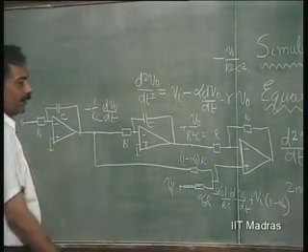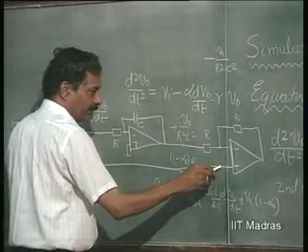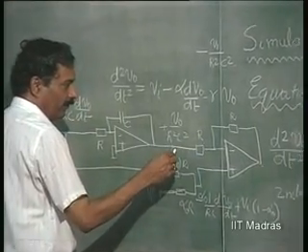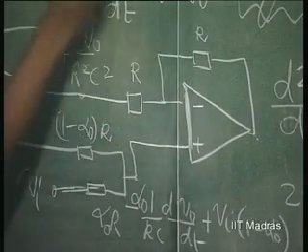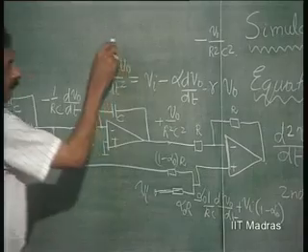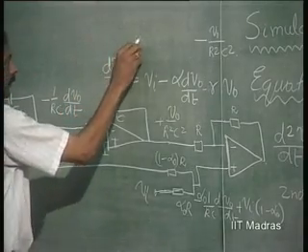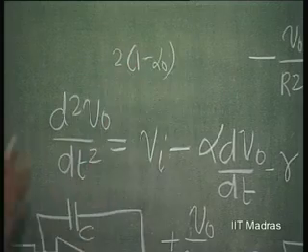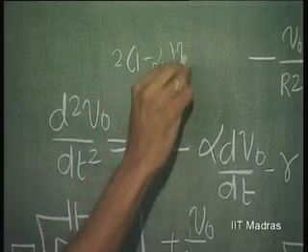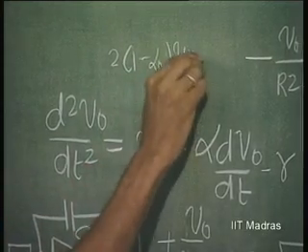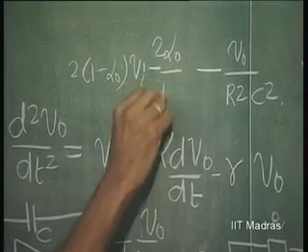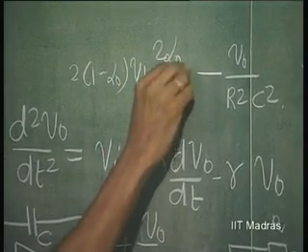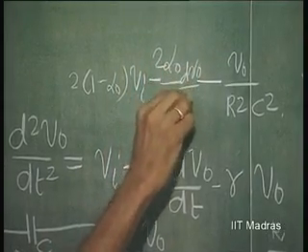So, what happens here? Already this has been summed here. From here to here, there is a gain of 1 plus R by R, that is 2. So, these will appear at this point as 2 into 1 minus alpha naught into V I minus alpha naught into 2 by RC into dV naught by dt.